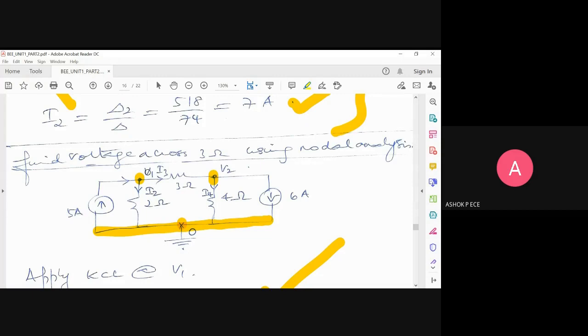Starting voltage minus ending voltage by resistance. V1 minus 0 by 2, sir. So I2 is V1 by 2, sir. What is I3? I3 is flowing between where and where? From V1 to V2, sir. What is the current I3 equal to? V1 minus V2 by 3, sir.